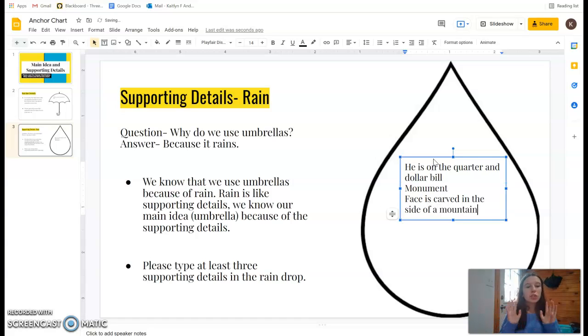Now, there are so many different things in this story that are good supporting details. Now, some of you might be like, well, how are we supposed to know what's a good supporting detail? If your detail fully supports your main idea and it makes sense, that is a good supporting detail.